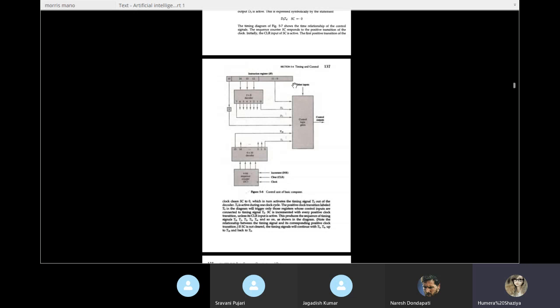So this is our instruction register. In this instruction register, we have the address part, the operation code, and the mode bit. This timing from the sequence counter and this instruction from the instruction register are both fed as input to the control logic gates. These control logic gates will take these timing signals and apply them as inputs.